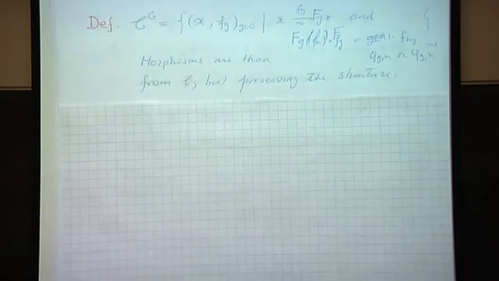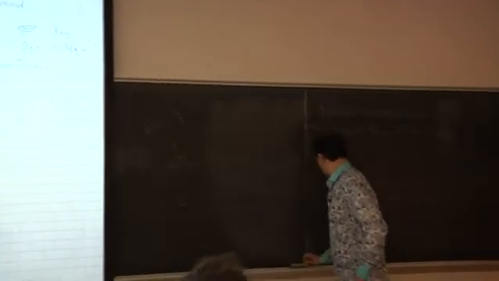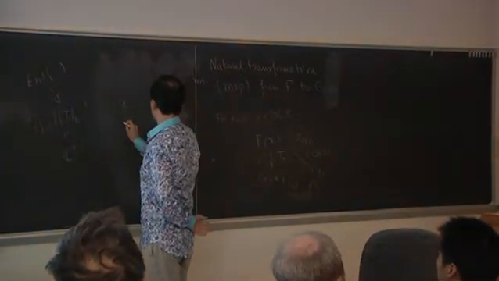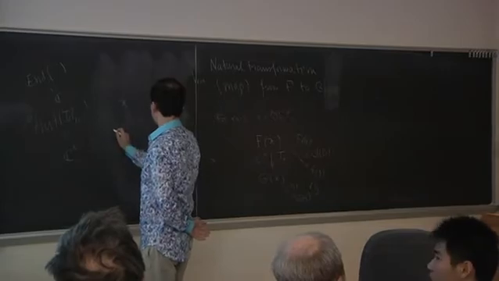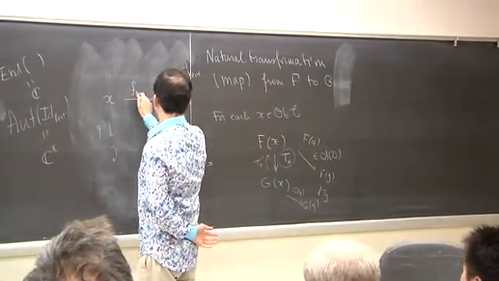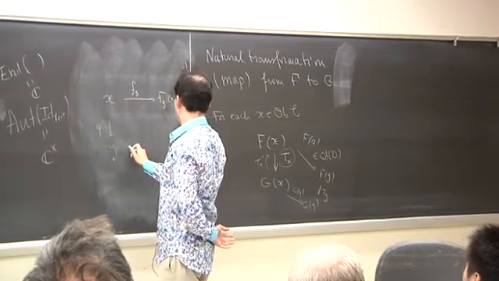So for example, you have an x, have a morphism phi to y, but you also had f sub g from x to F g of x.